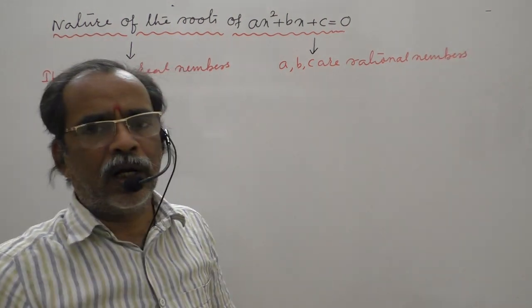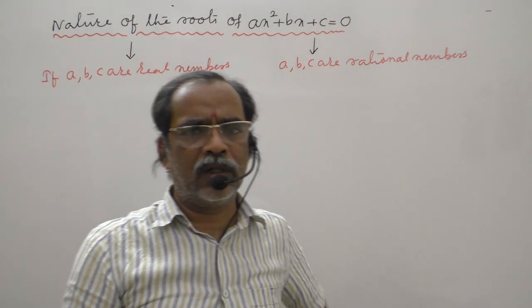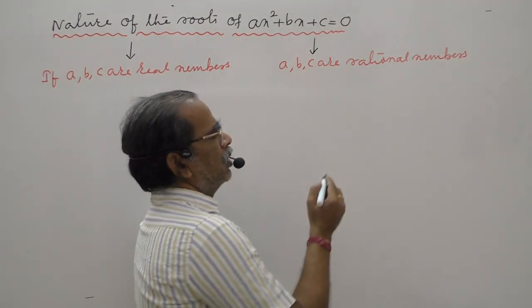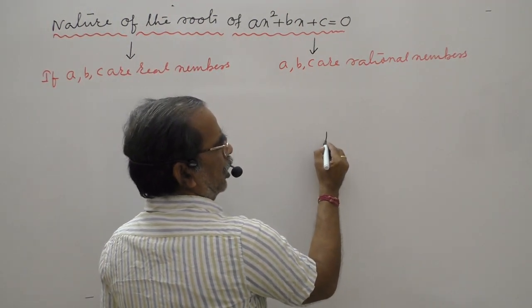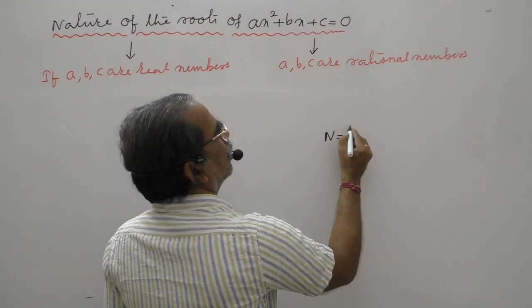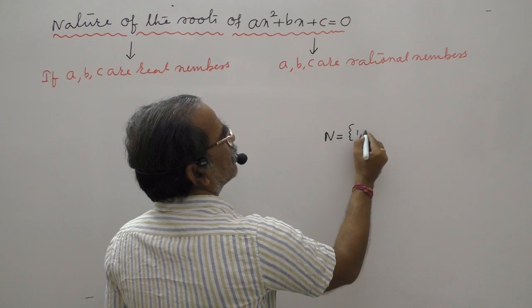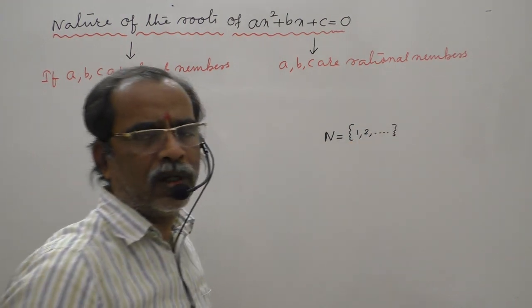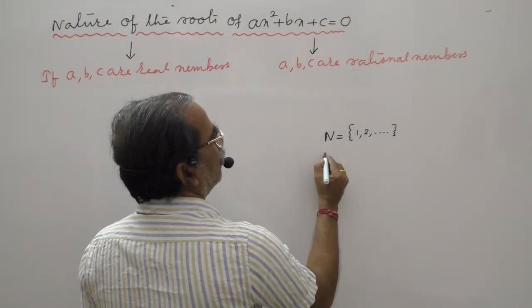You should have a clear idea about real numbers and rational numbers. One second. The number system begins with natural numbers. First set of numbers. All counting numbers. 1, 2, 3, etc. All counting numbers means all positive numbers.